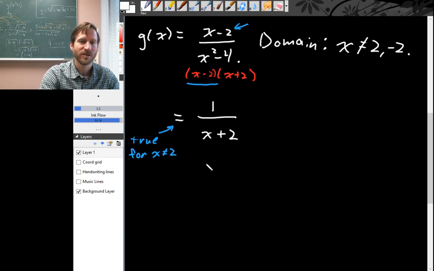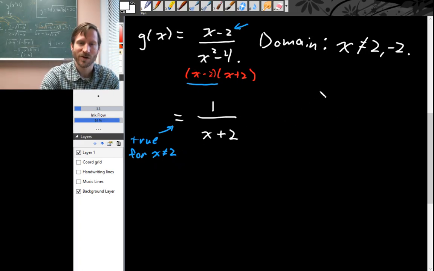All right. So to graph g, what we're going to do is graph 1 over x plus 2, but then remember that when x is 2, that point actually isn't in the domain of our function.